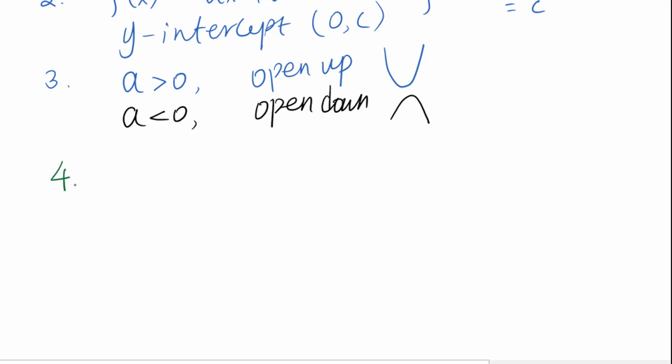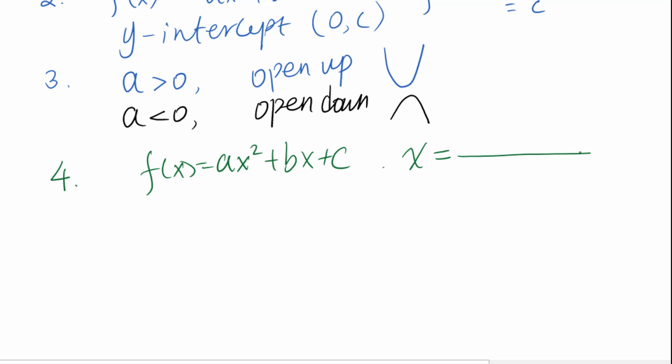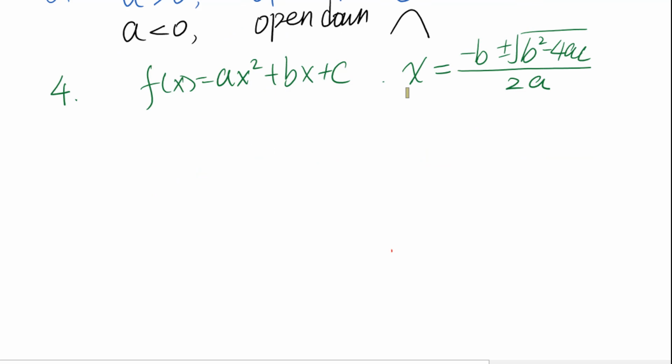And also for number 4, we do know for f of x equals ax squared plus bx plus c, the x-intercept equals negative b plus or minus square root of b squared minus 4ac over 2a. How many roots the quadratic function has will be based on b squared minus 4ac.